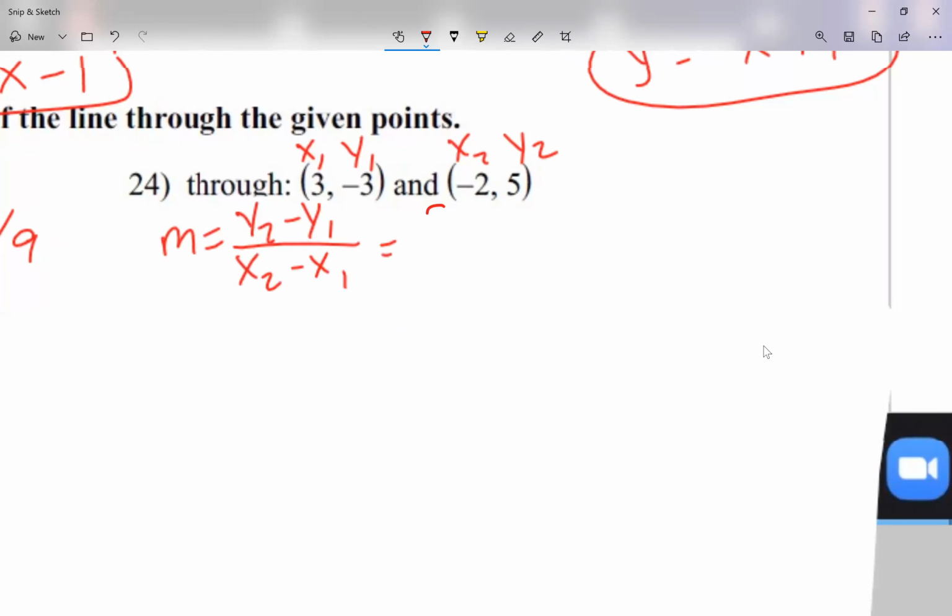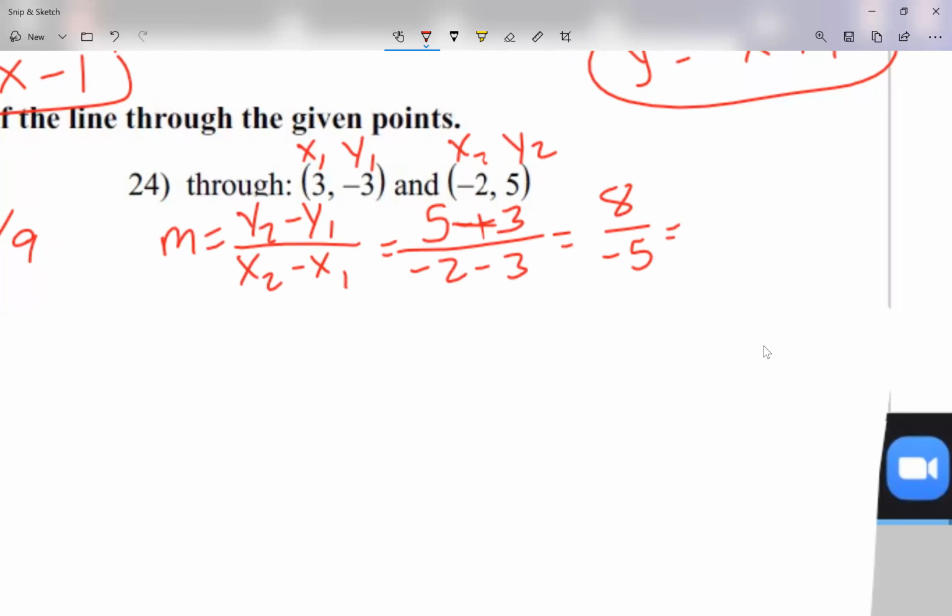So I'm going to go 5 minus a negative 3 over negative 2 minus 3. On the top, minus a negative gives me plus. So that's 8 over negative 5. I know with fractions, when there's a negative sign, bring it to the front. So it's negative 8 over 5. That's my slope.